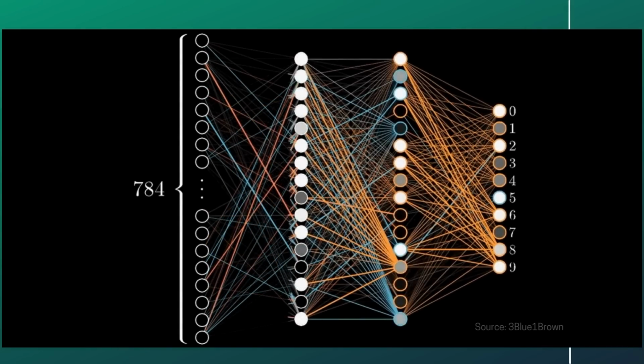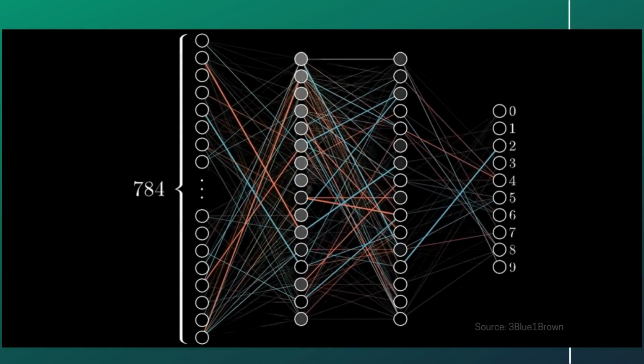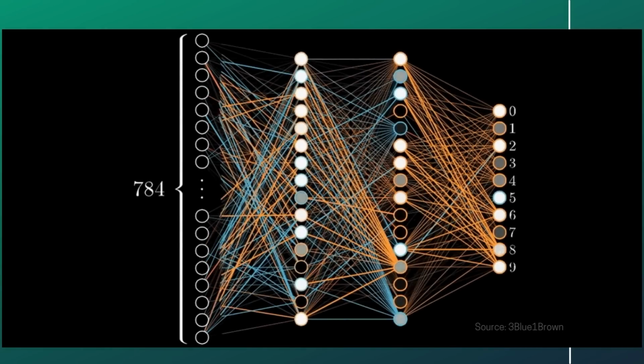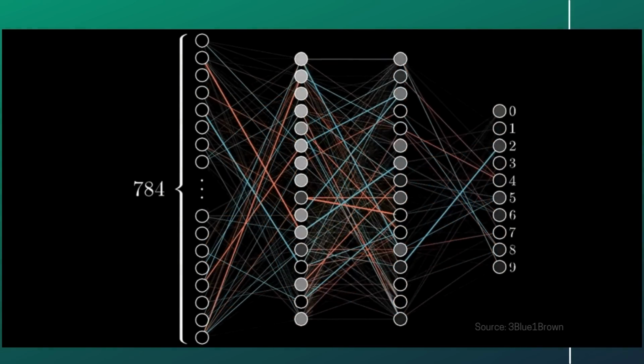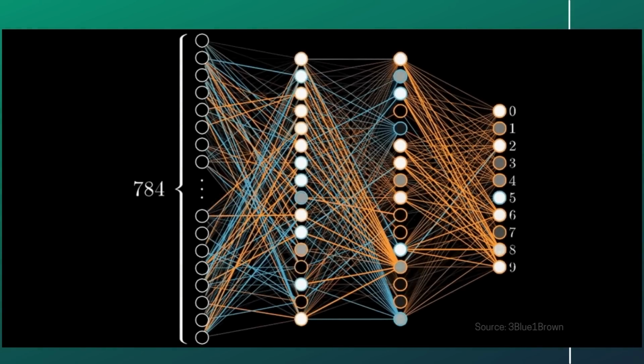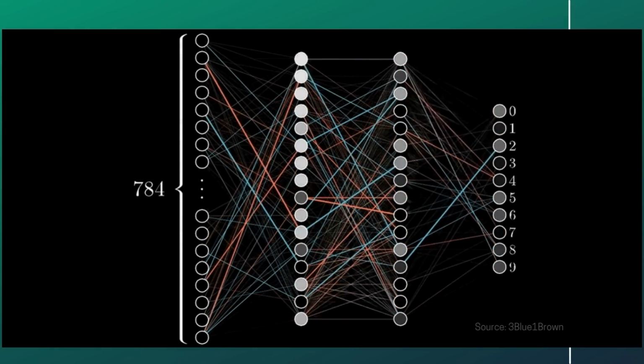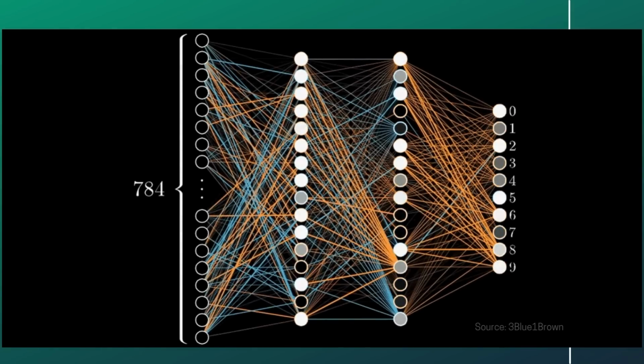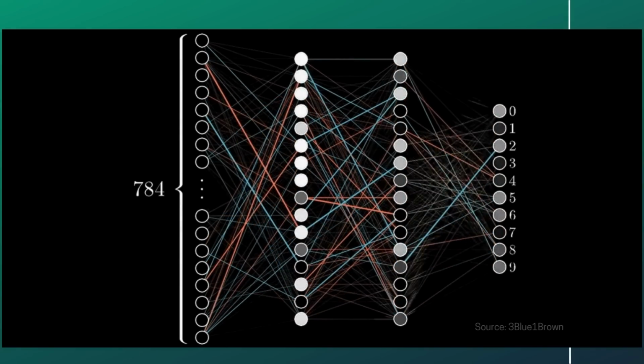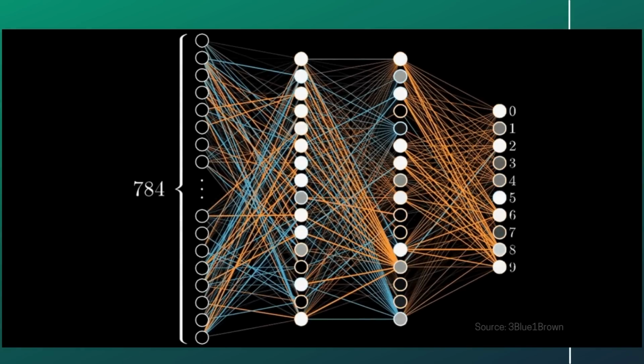So in the first hidden layer, it might discover certain signals, certain edges, and certain information. Then in the next hidden layer, it will be able to identify specific objects, for instance the ears of a cat, if we want to identify whether the image is of a cat or a dog. It then passes this information onto the next layer, and we go on to the final layer where we produce the output.